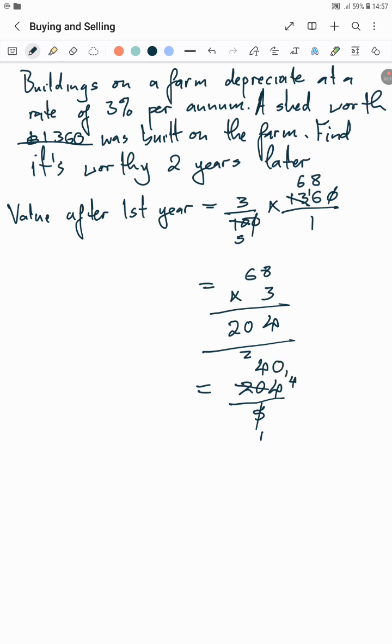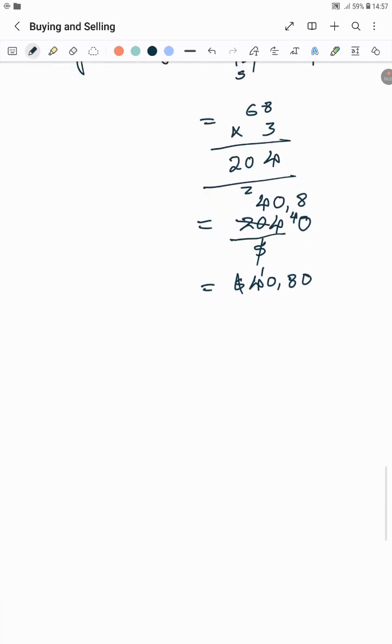And 5 into 40, that's 8, which means the value of depreciation is $40.80. So we are going to subtract this value from 1360 to find the value after first year.